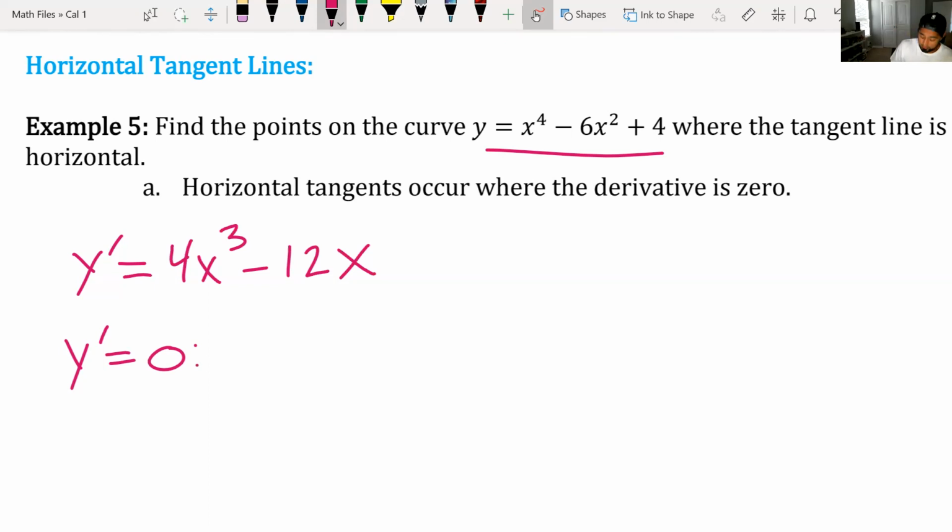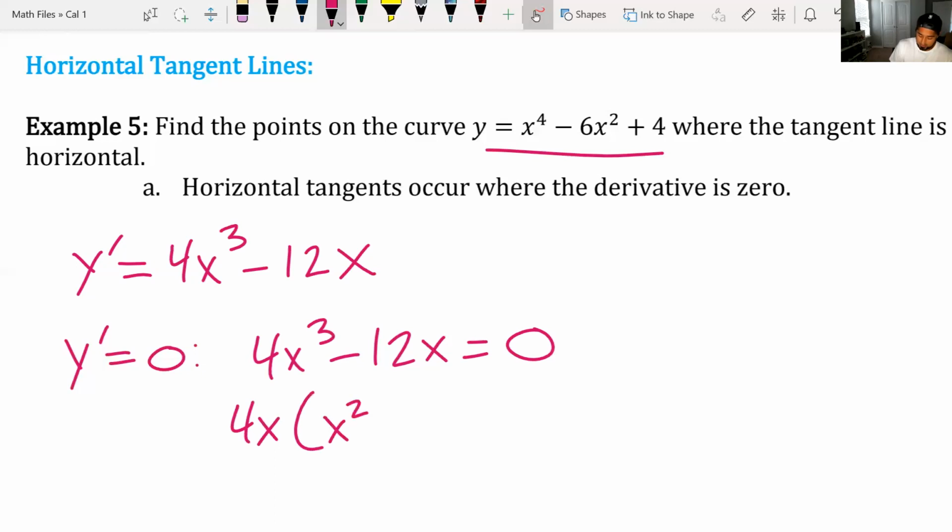So we take our derivative, 4x cubed minus 12x, and solve for x. Now back to algebra. We see there's a common factor of 4x, which leaves me with x squared minus 3 equal to 0.